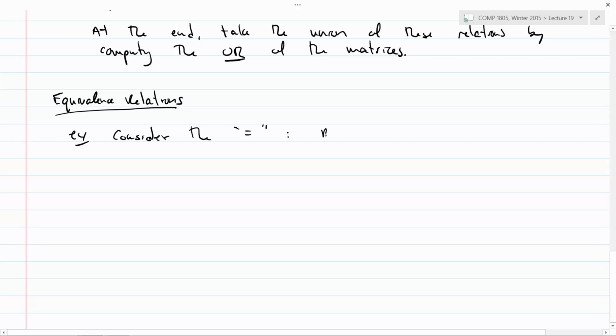So this would be R such that we have all pairs A and B when A equals B, and this is over this set of integers. Typically, we would write 1 equals 1, but you could write 1 comma 1 in R. That'd be kind of weird, but you can do it.